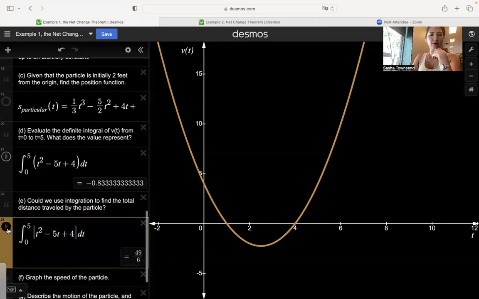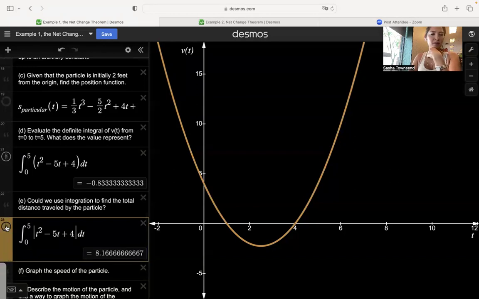So we get 49 divided by 6. That means the total distance traveled by the particle was 8.17 feet from time t equals 0 to t equals 5.